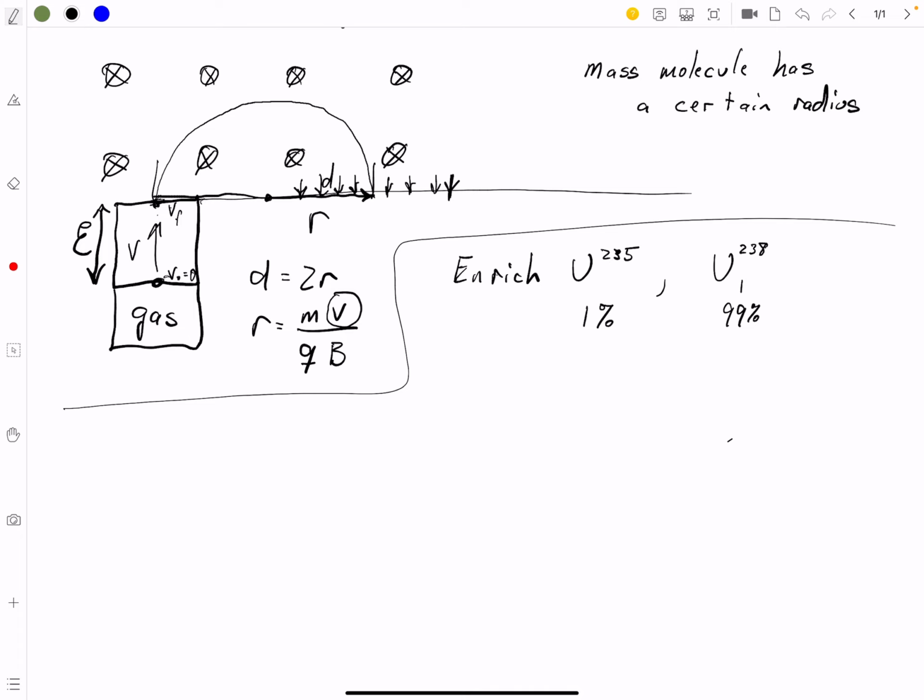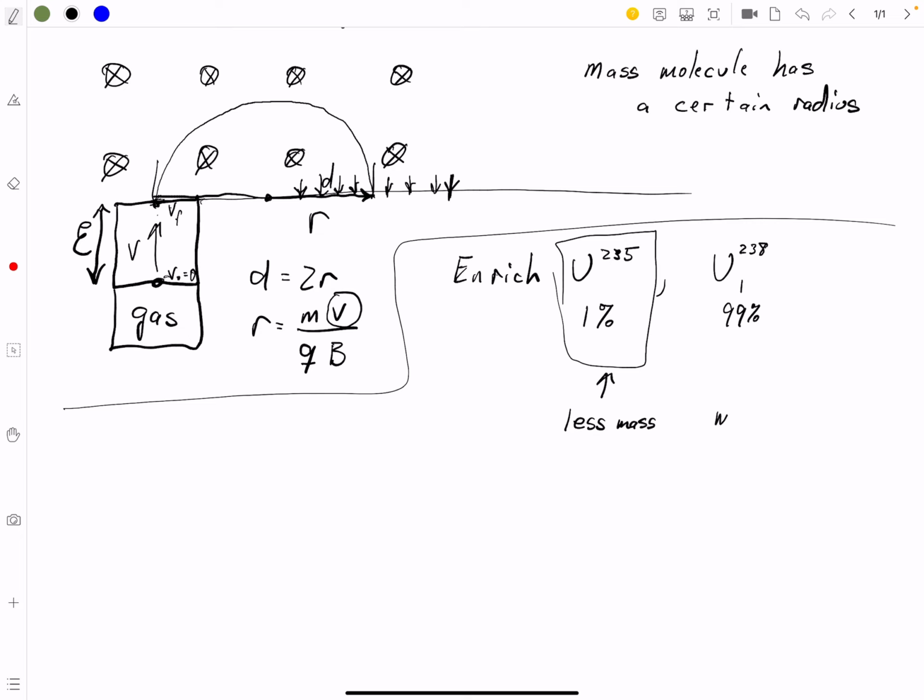So we've got this bit, but in order to enrich this amount and make it more, we want to separate this. We're separating the cream from the whey, right? You skim the cream off the top. Well, that's exactly what we're going to do. And since the radius is proportional to the mass, this guy has less mass by 3 neutrons.